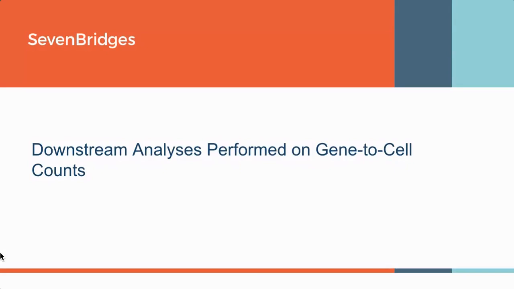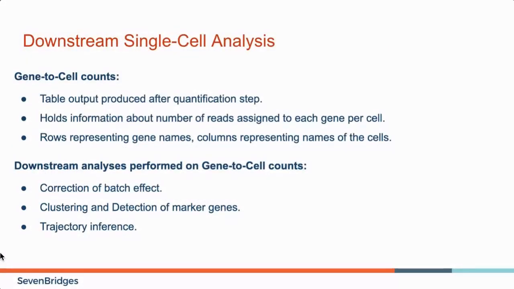Okay. So in the following section, we will be talking more about analysis available on Data Cruncher that can be used to perform downstream processing of gene-to-cell counts. Next slide, please. So single-cell downstream analysis starts with a gene-to-cell count table produced as a result of quantification using the tools described in the previous section.